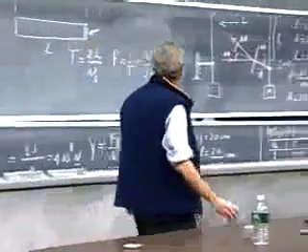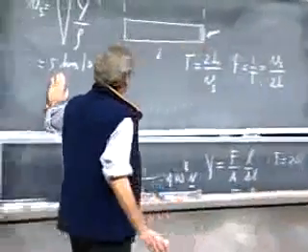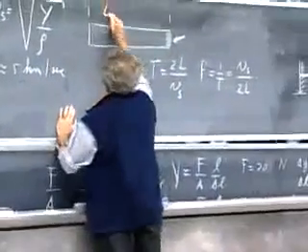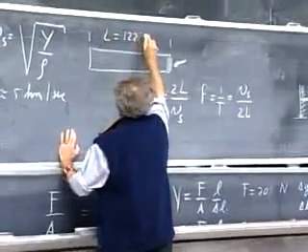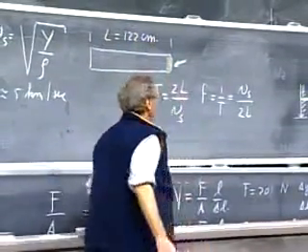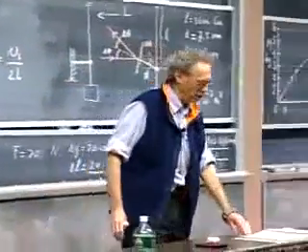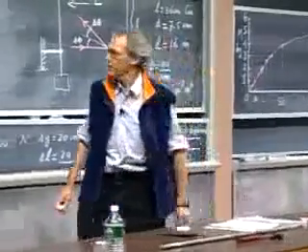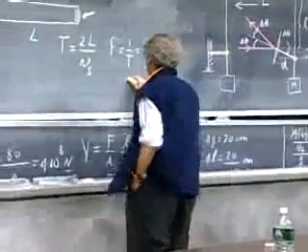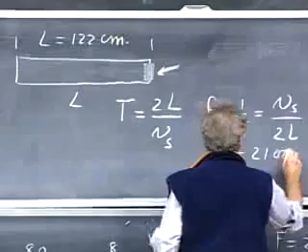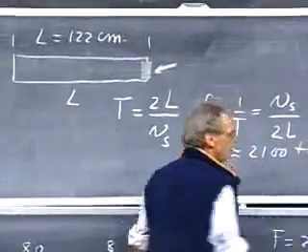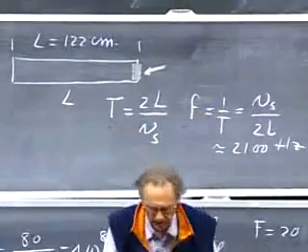The speed of sound is about 5 kilometers per second. The length of the bar is about 122 centimeters. And so that translates into a frequency of roughly 2100 hertz. So the frequency for this magnesium bar is about 2100 hertz, and you can hear that.